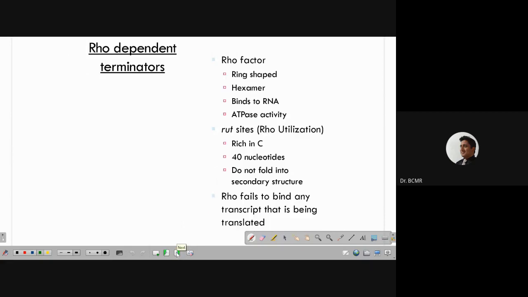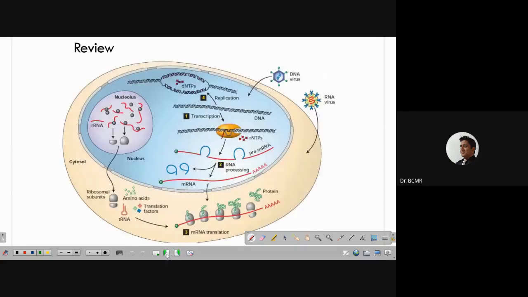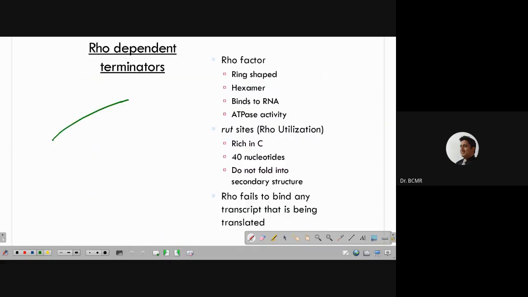Rho dependent terminators involve a protein. There are some sites called RUT sites, rho utilization sites. Okay, rho and UT, RUT sites. So let me try again. I'll try to better the picture.